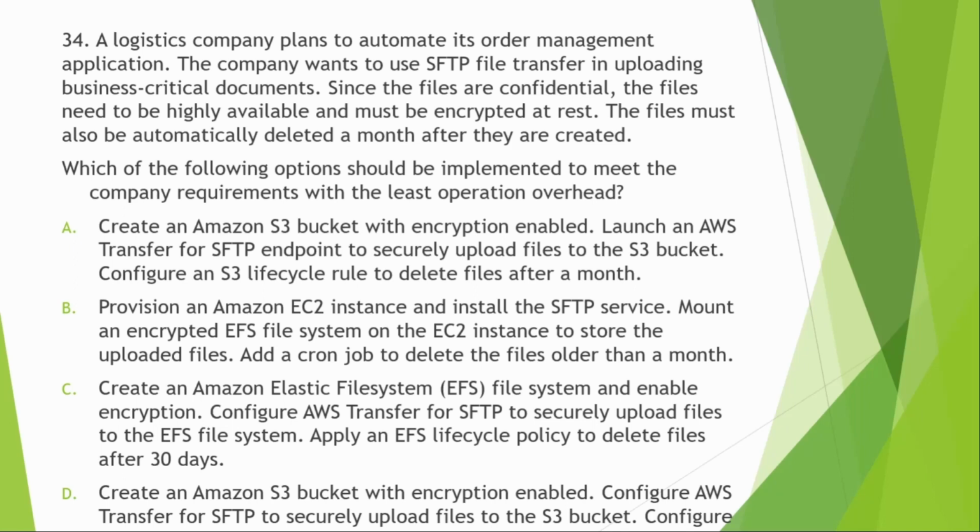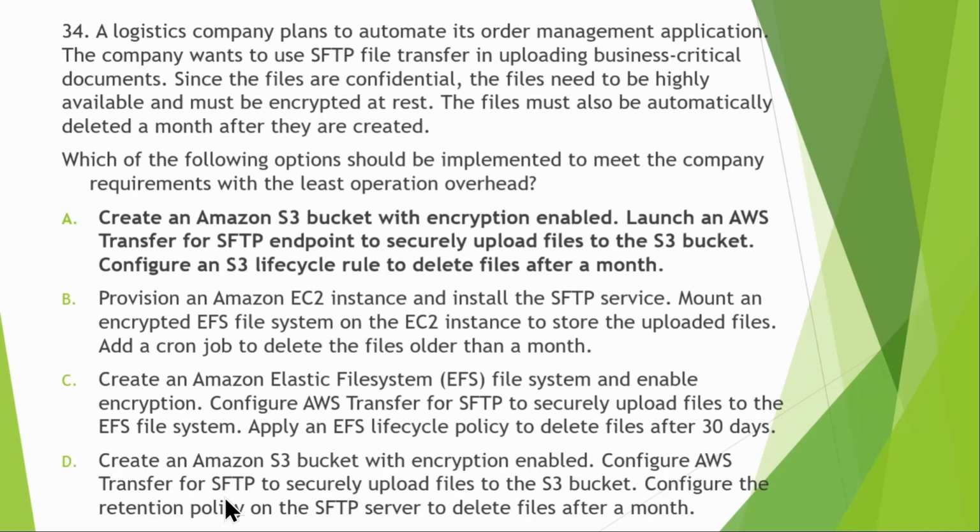The last option says create an S3 bucket with encryption enabled, configure AWS Transfer for SFTP to securely upload files to the S3 bucket, configure the retention policy on the SFTP server to delete files after a month. This is also incorrect because a 30-day retention policy must be configured on the S3 bucket.